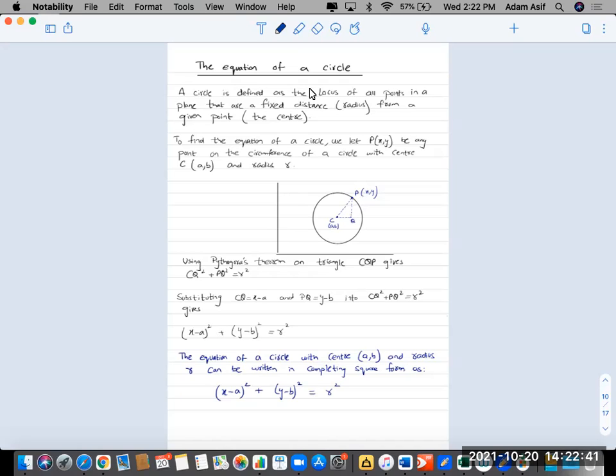The locus of a point, all those points that are equidistant from a fixed point, gives you a circle. So a circle is defined as the locus of all the points in a plane that are a fixed distance from a given point.